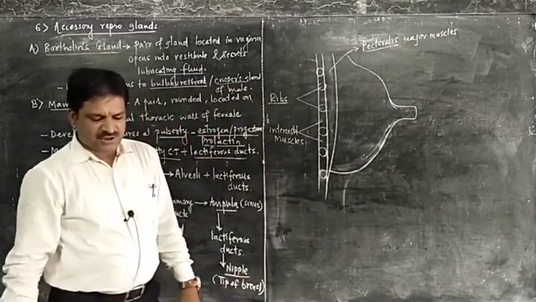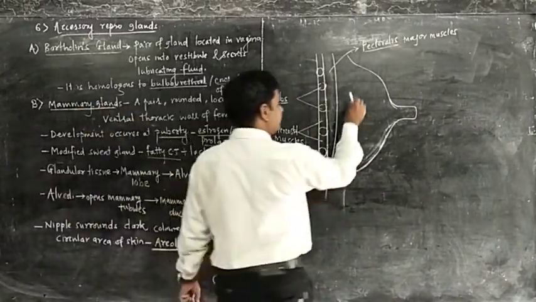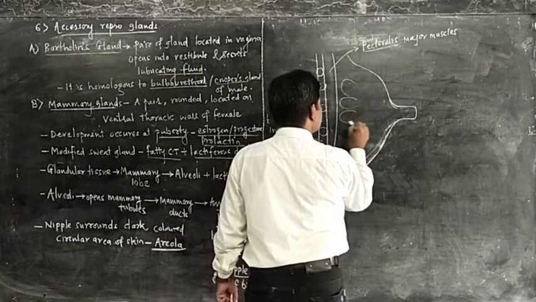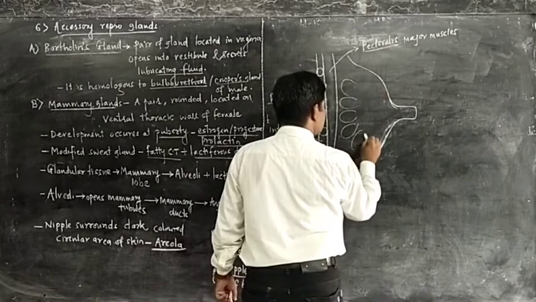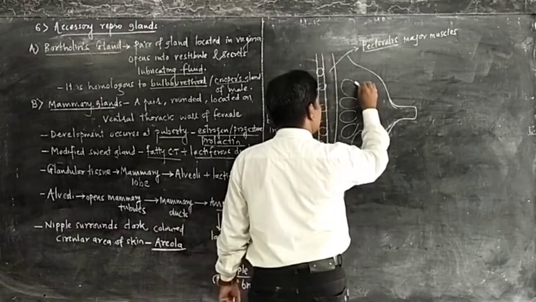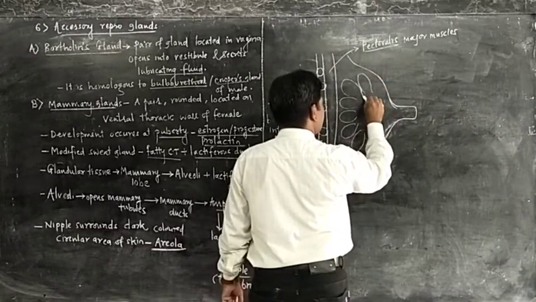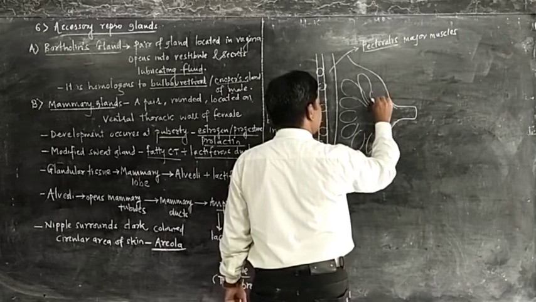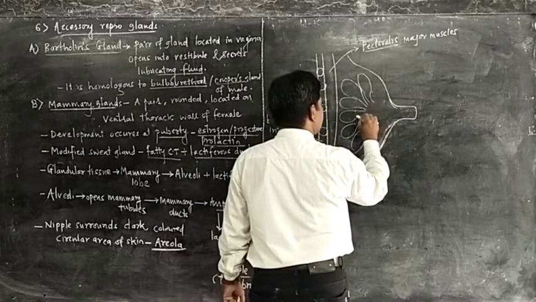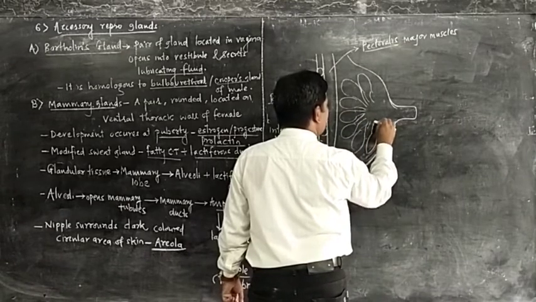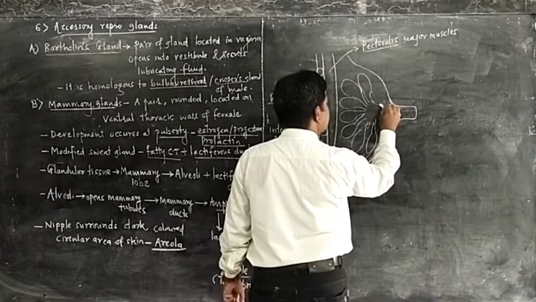Glandular tissue shows a number of alveoli, and these alveoli secrete milk. These alveoli open into mammary ducts, and all these ducts open into sinuses.